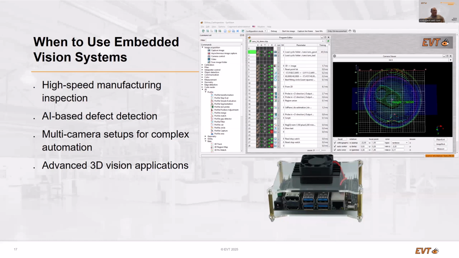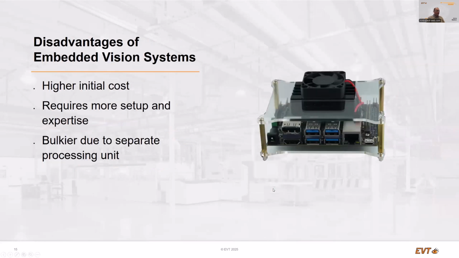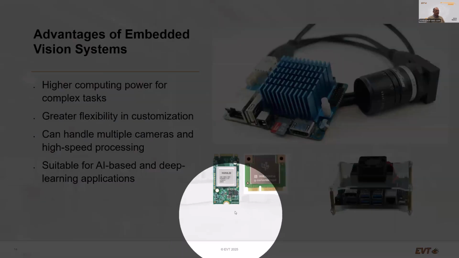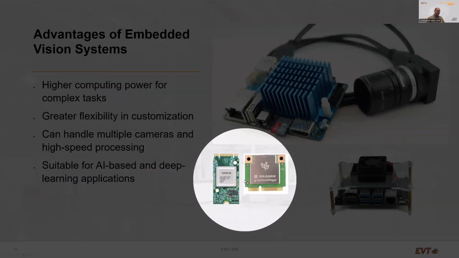Of course, if you think about AI, then either you use once again an NVIDIA platform, or you select an embedded platform, for example, the Raspberry Pi, which has this PCI Express interface now, which allows you then to use, as I mentioned before, these two speed improvement hardware platforms for AI.